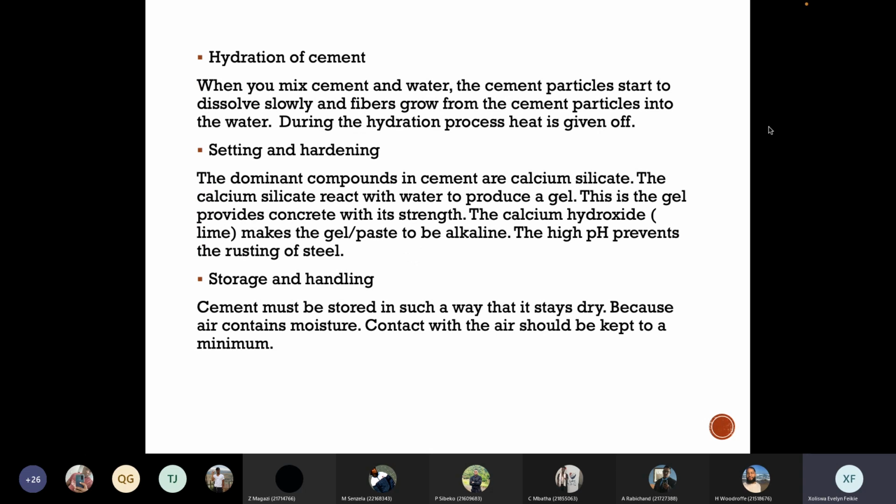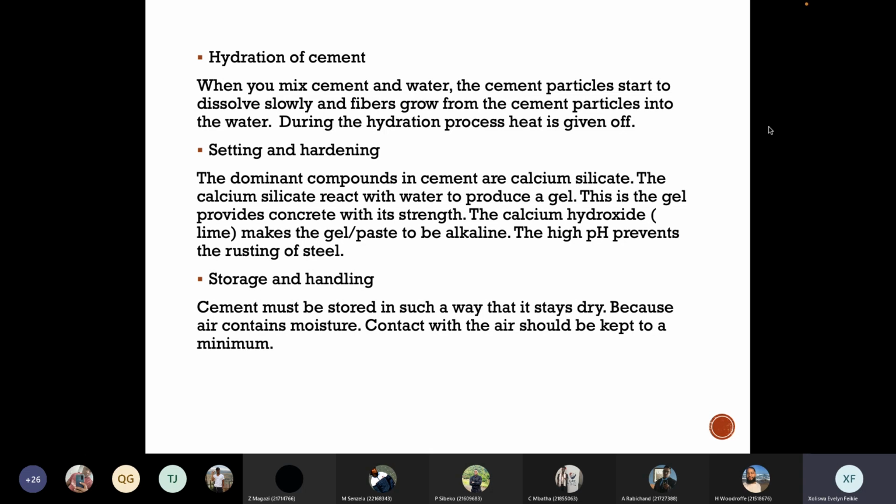So there is also what we call the hydration of cement. They said that when you mix cement with water, the cement particles start to dissolve slowly and fibers grow from the cement particles into the water.